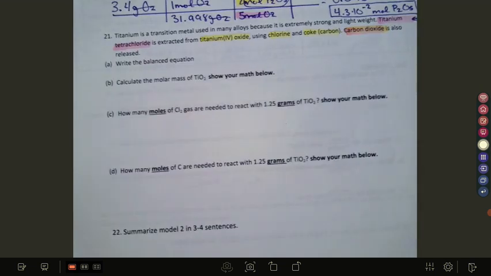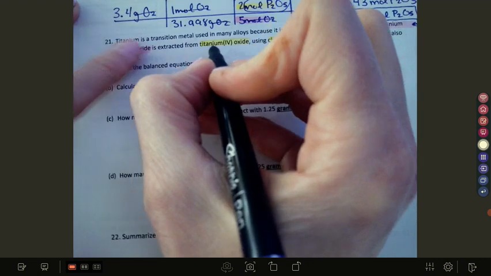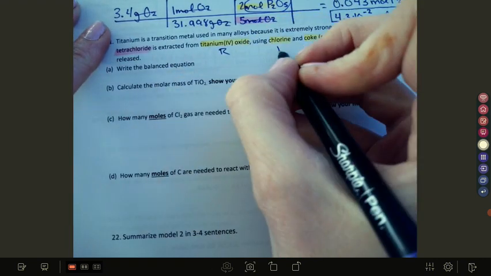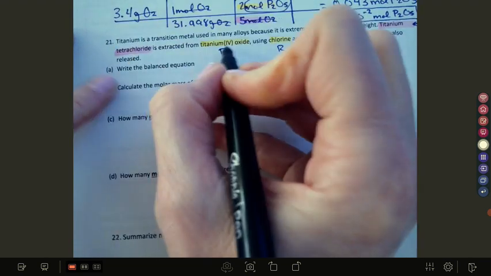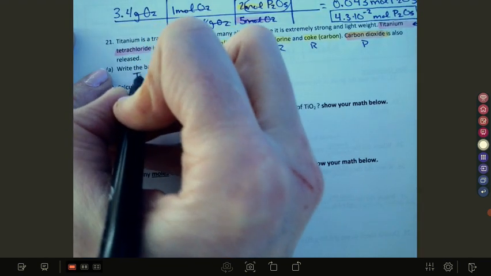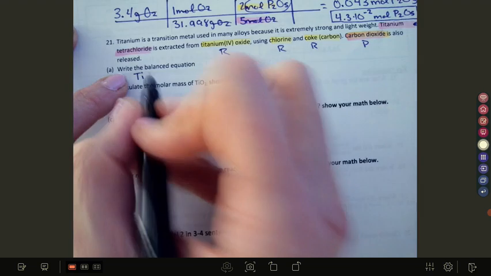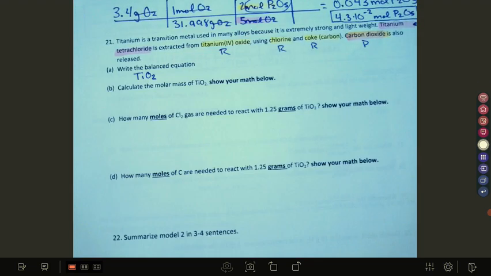All right, so these are reactants and those are the products. So we have titanium 4 oxide, which means titanium has a 4+ charge and oxide has a 2-. So it's going to take 2 oxides to get that net charge to 0. Okay? So you'll have 4 minus 2 minus 2.